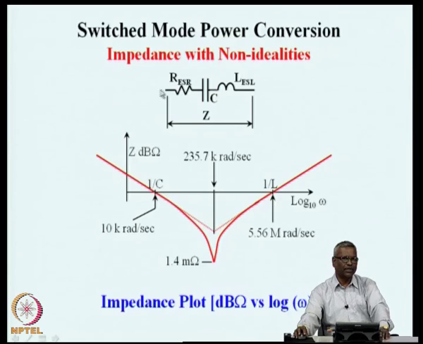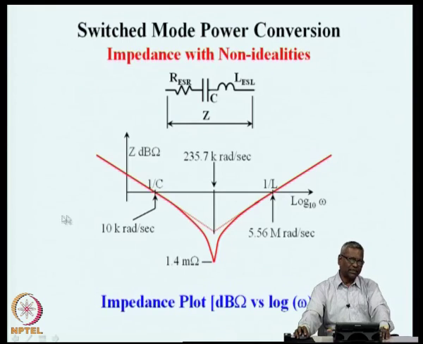So, if you now plot the terminal impedance of this device, which consists of a resistance, a capacitance and an inductance, it will be falling linearly at minus 20 dB per decade, passing through 1 ohm at 10 kiloradian per second, and then reaching a resonance or the minimum at 235.7 kiloradian per second, having a value of 1.4 milliohm. And as you go to still higher frequencies, impedance keeps increasing because of this inductance, and at 5.56 megaradian per second, this reaches again 1 ohm and then it keeps increasing.